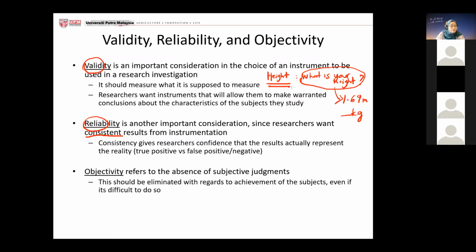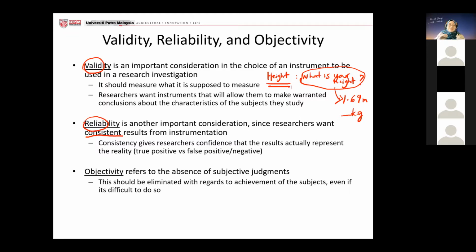This is a very simple question, but imagine if you have something very complicated. Maybe you are asking people what do you think about climate change? People might not even know what climate change is. So when they don't know something, the answer that they will give is different.